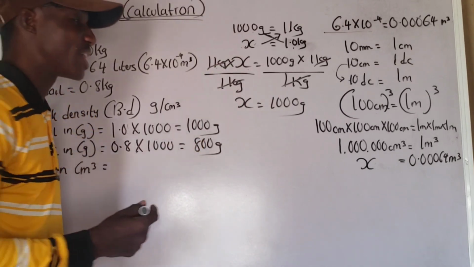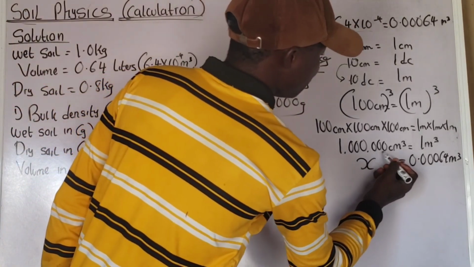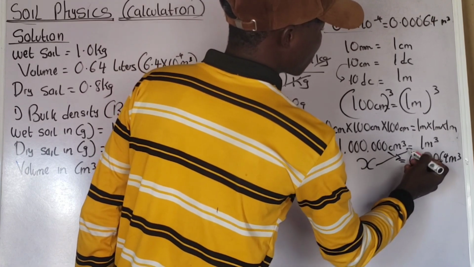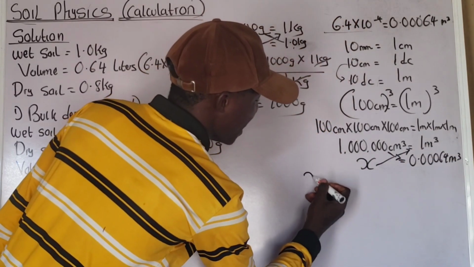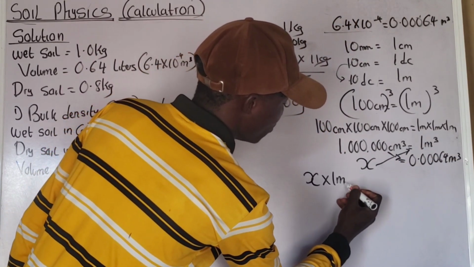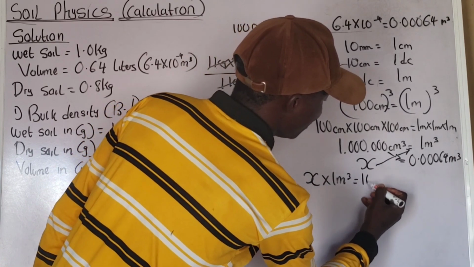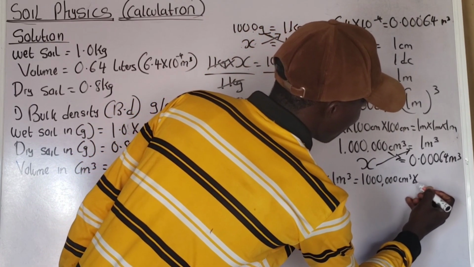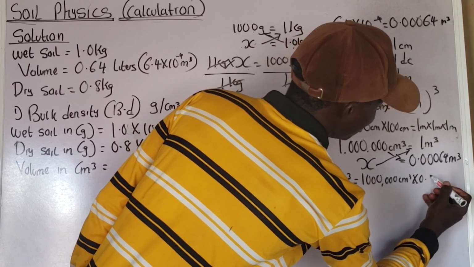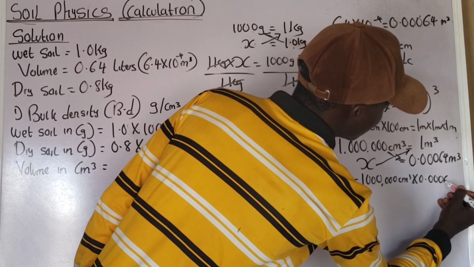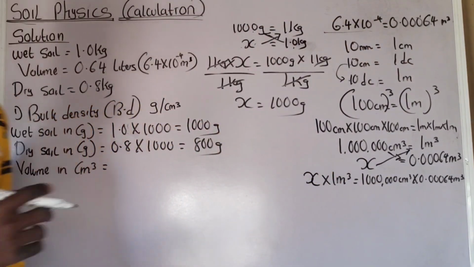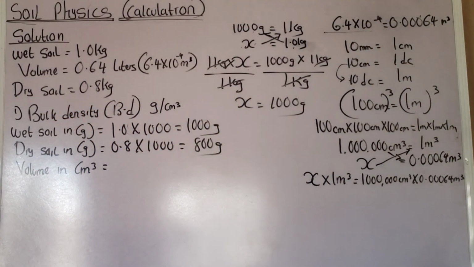So I'm going to have x multiplied by 1 meter cube equals 1 million centimeter cube multiplied by 0.00064 meter cube. Do you understand how I got here? If you didn't understand, reverse the video and listen to the explanation again.